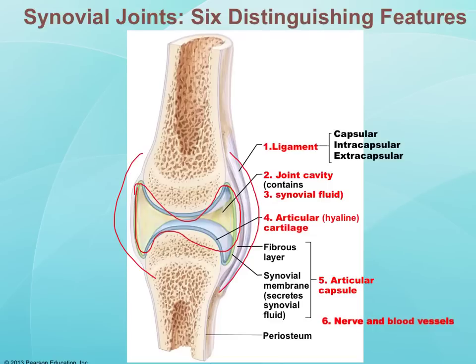These joints also have ligaments. The ligaments bind bones together, and ligaments are dense connective tissue, mostly made of tough collagen fibers, so they protect and pull the bones together. The ligaments are located either outside the capsule, inside the capsule, or may even serve as a structure of the capsule as well. So they protect the cavity and pull bones together. The synovial joints also have a cavity between the bones here.